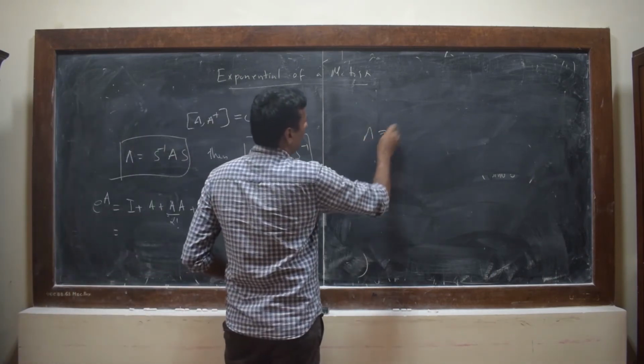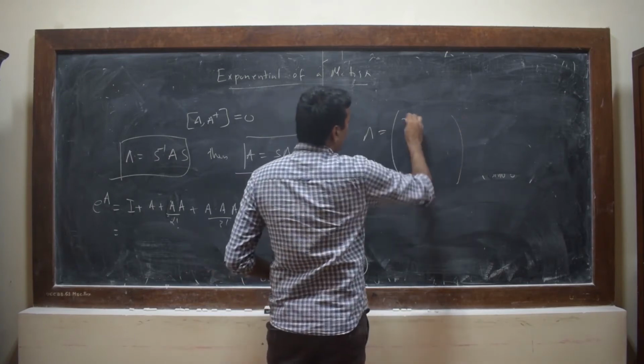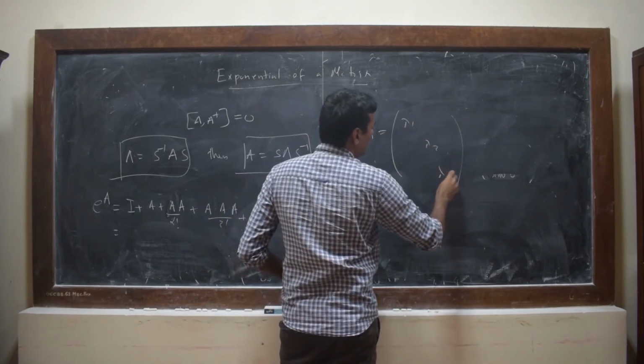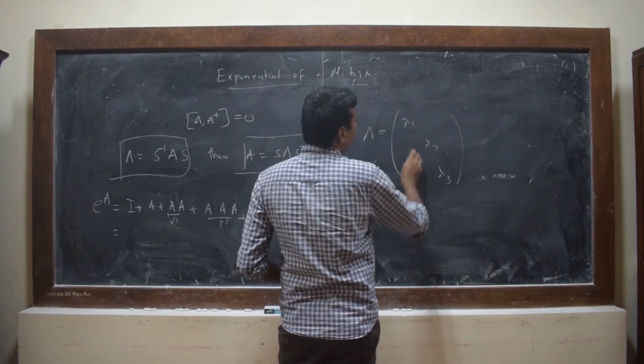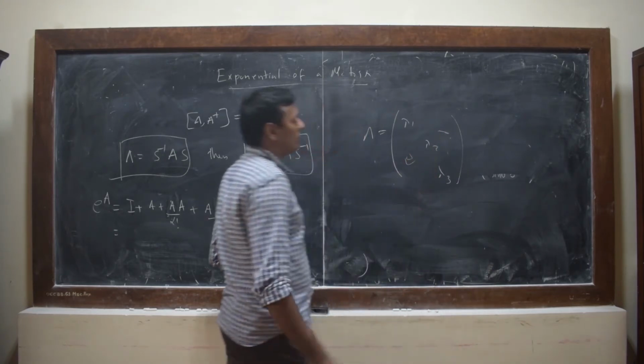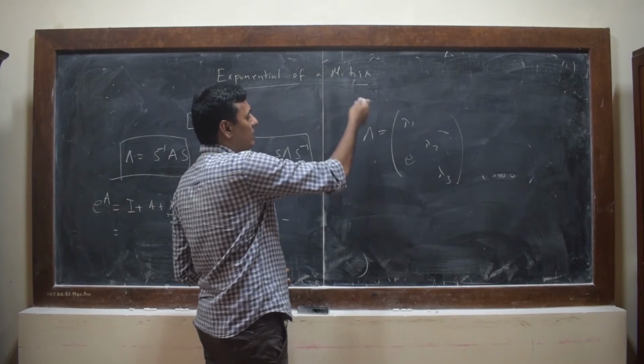When you diagonalize the matrix, you will get lambda 1, lambda 2, lambda 3, the eigenvalues, as the diagonal elements, and all other elements will be 0.